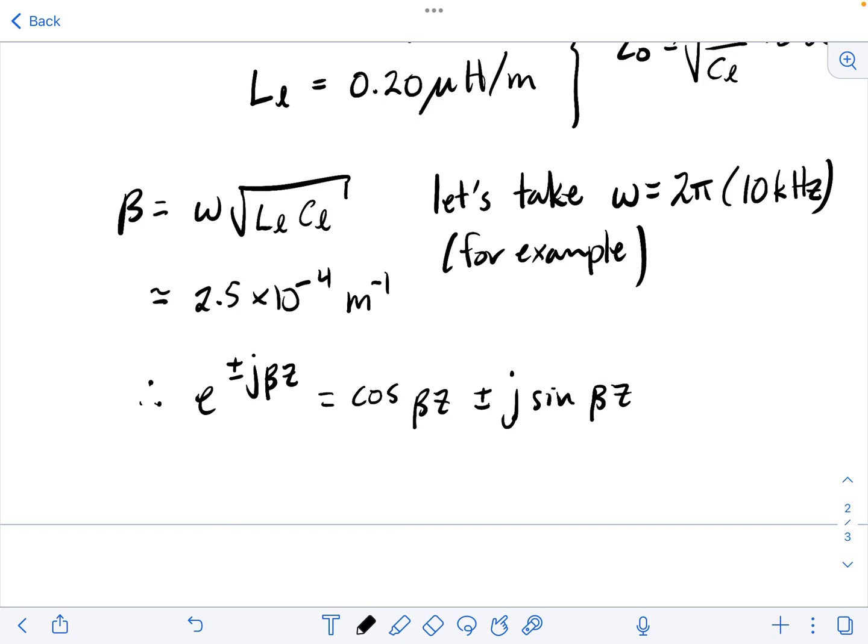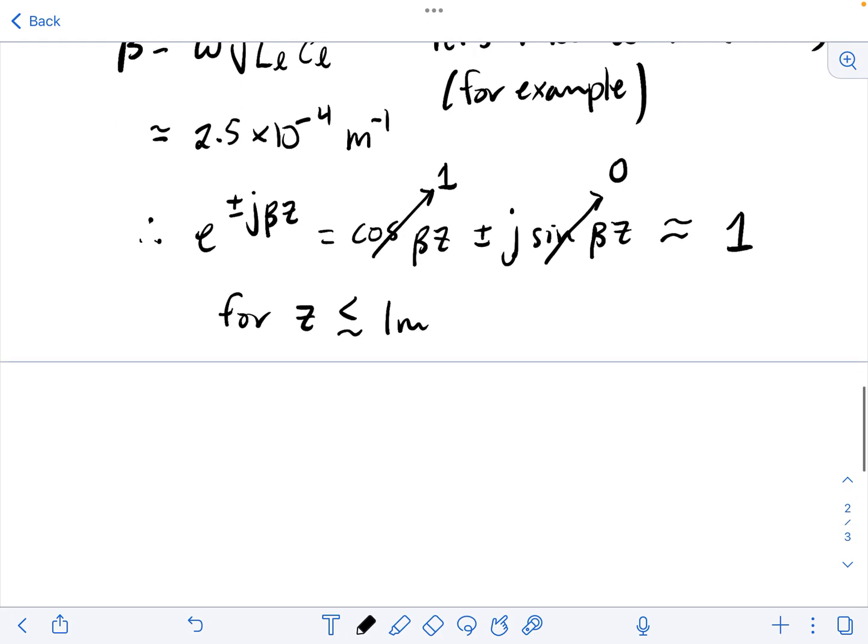So as long as z is not really, really huge, for z less than or on the order of a meter, then beta times z is a small number, and the cosine of a small number is 1, and the sine of a small number is 0, and to a very good approximation, this complex exponential is going to be 1 plus or minus j times 0, or about equal to 1.